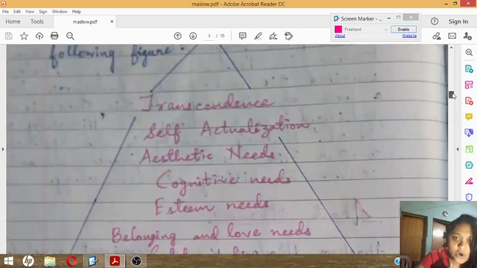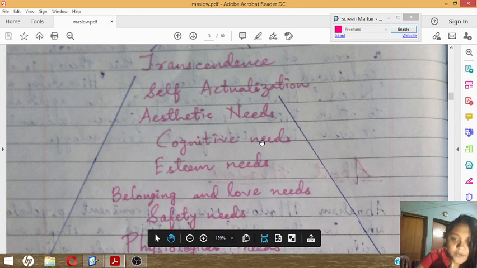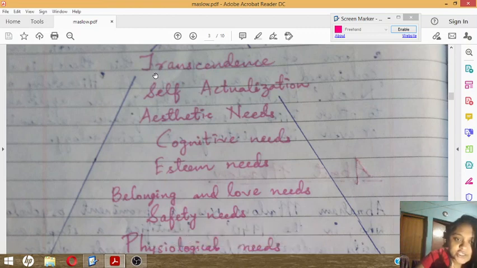This triangle structure is very important. You can take a screenshot of it and remember it when you have to write in your exam. I will share one trick to remember all the needs. You can use a mnemonic: PSBE cast.